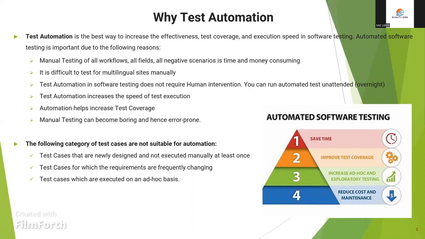So for some of the important reasons we do automation, one of them is that manual testing of all workflows, all fields, all negative scenarios is time and money consuming, right? If you're doing manual testing of a workflow, testing all the fields, all the negative and positive scenarios, it will take time and also investment. And it's also difficult to test multilingual sites manually, right?